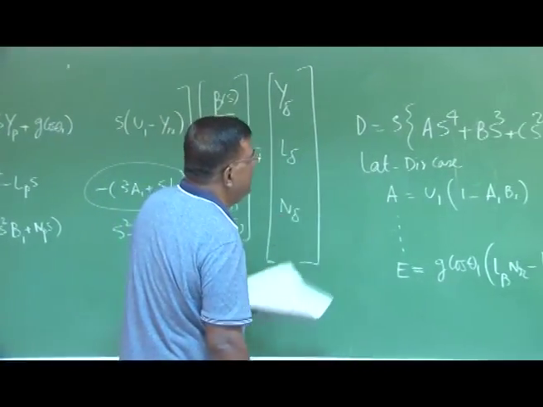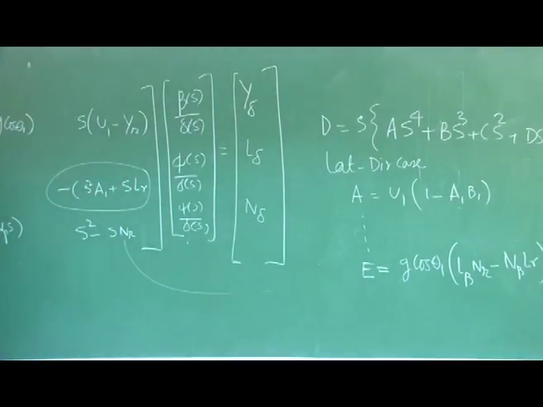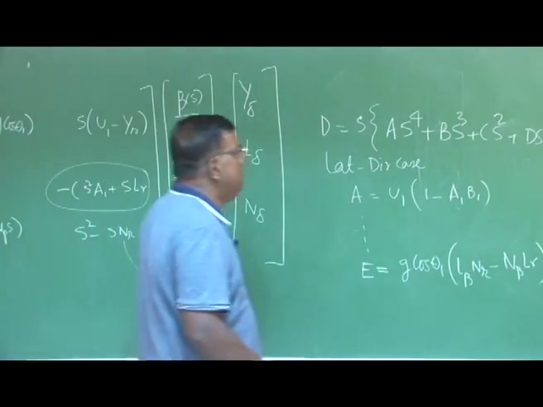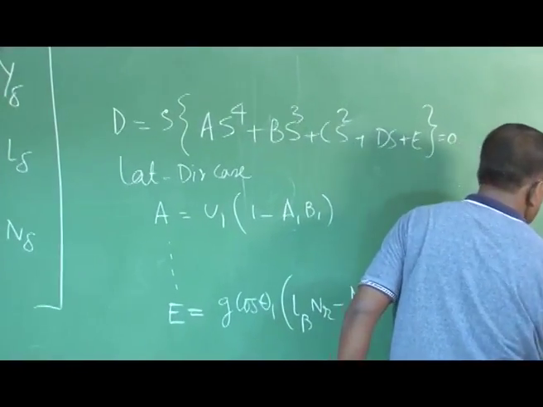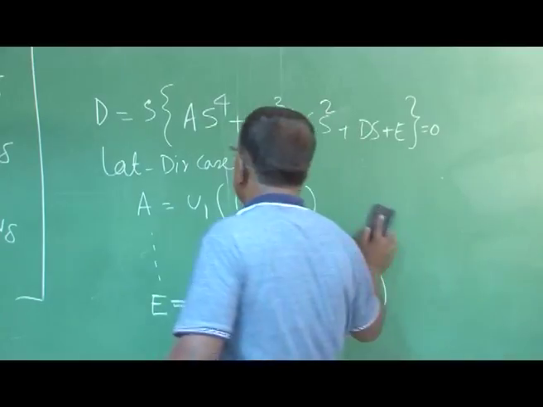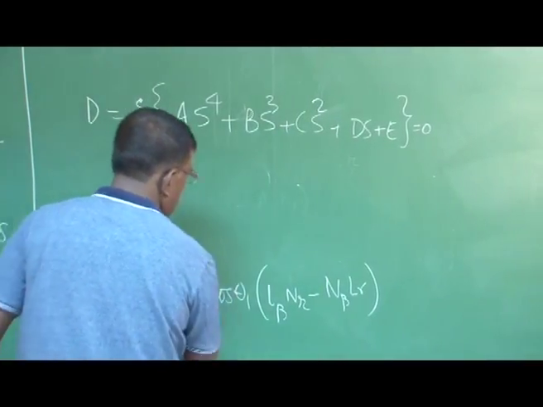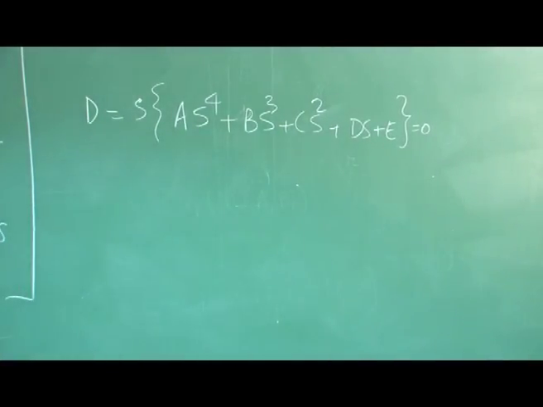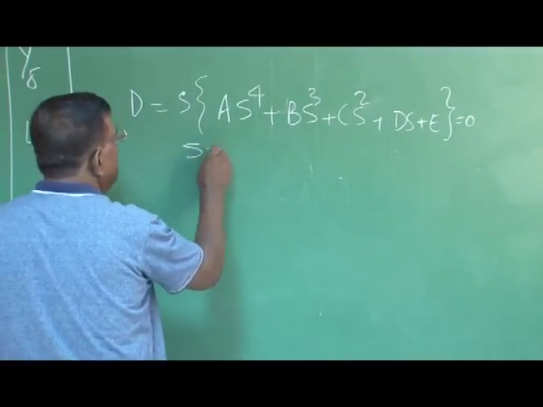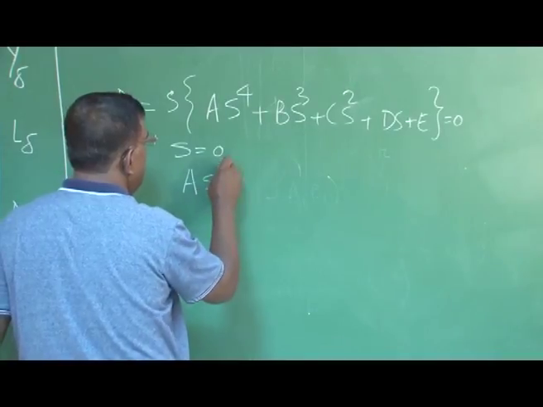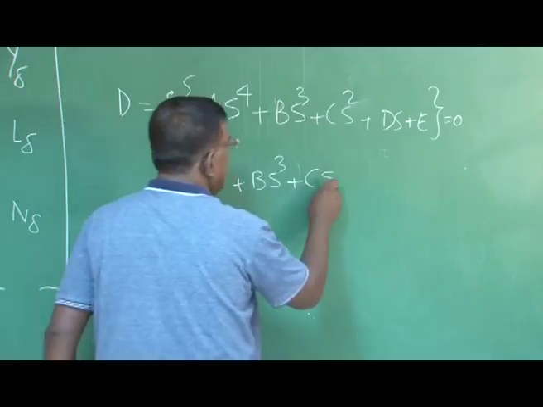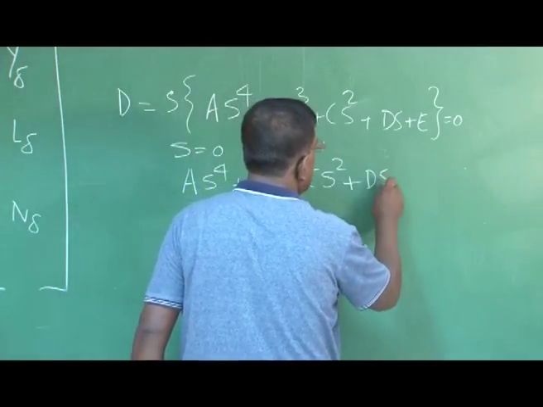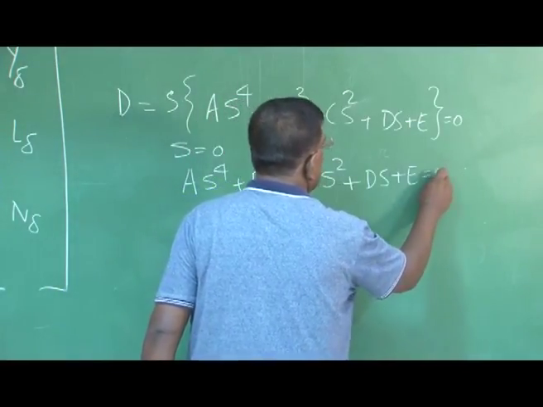If this is agreed and understood, then you could see that if we want to find the roots of this equation, determinant equal to 0, what do I get? I get S equal to 0 and A S to the power 4 plus B S cube plus C S square plus D S plus E equal to 0.